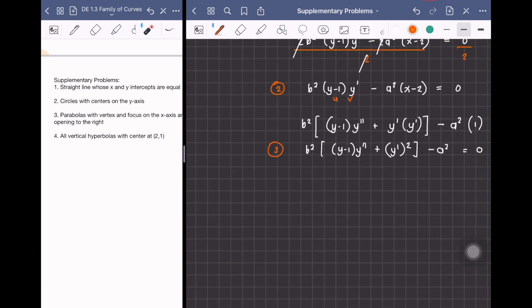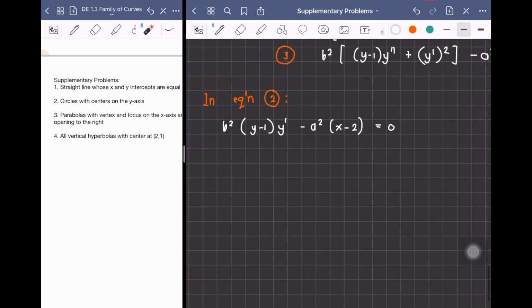In equation 2, let's copy our equation. That's b squared, y minus 1 y prime, minus a squared, x minus 2 equal to 0. So I will transpose this to the right side.